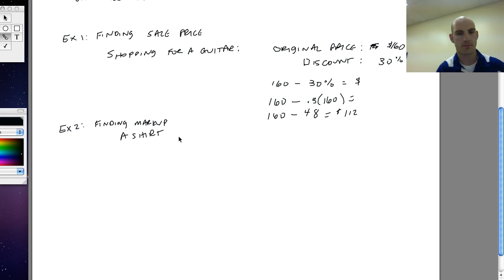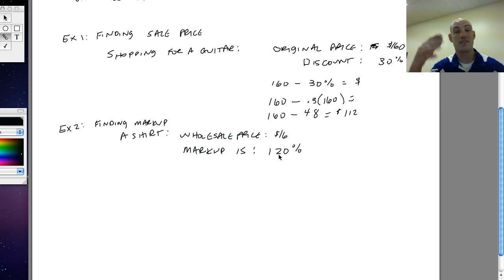If I have a shirt and the wholesale price is $16, and I say the markup is 120%. Now, this may seem kind of crazy, but they do this. Do you think those Dr. Dre Beats headphones cost $400 to make? Absolutely not. They probably don't cost any more than like a Sony pair to make. But the percent markup is a lot. It's over 100%, far over 100%.